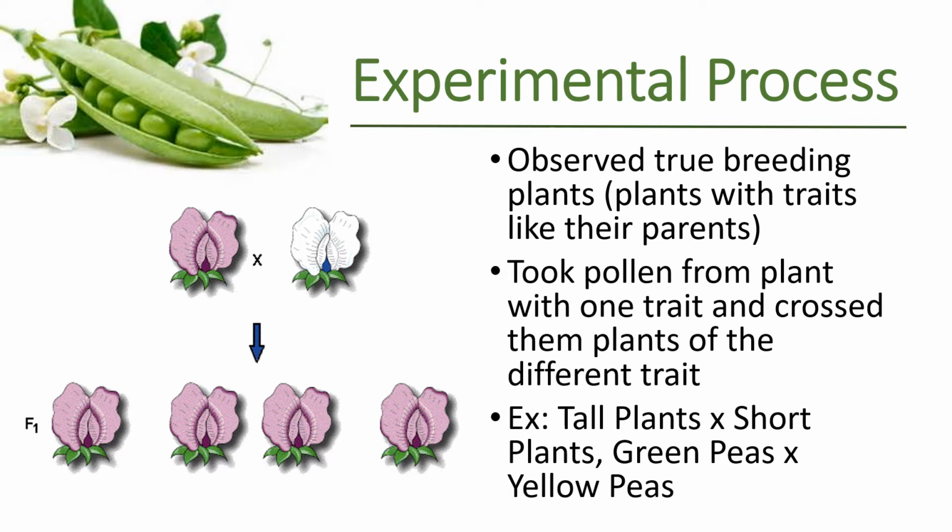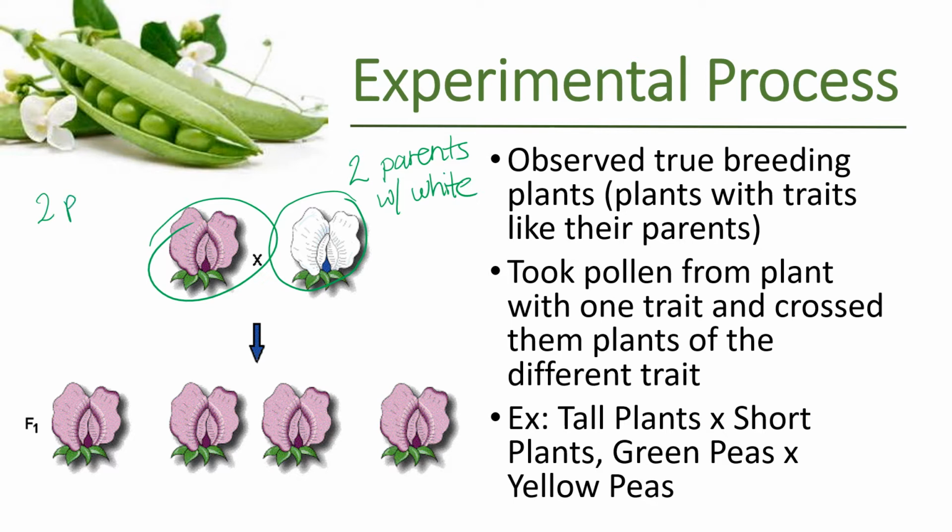Now, he decided to take true breeding plants. These are plants that have identical traits to their parents. So in our example, this white flower had two parents that had white flowers. The other flower was purple. So this one had two parents with purple flowers.